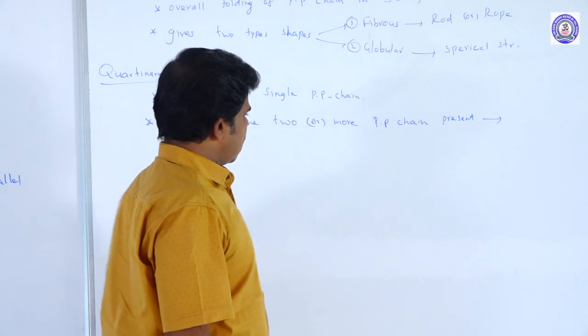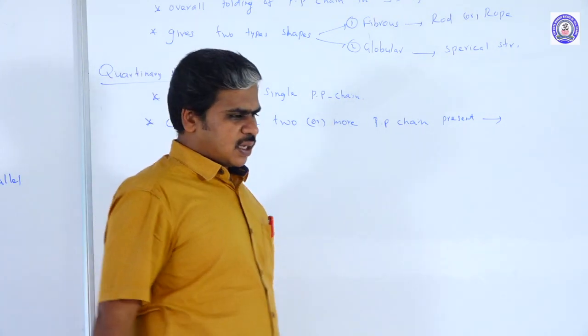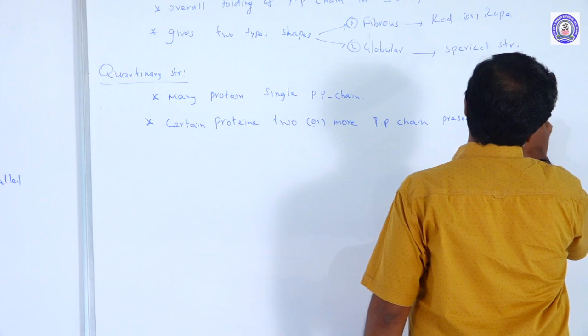So these proteins are composed of two or more polypeptide chains. They are called subunits.